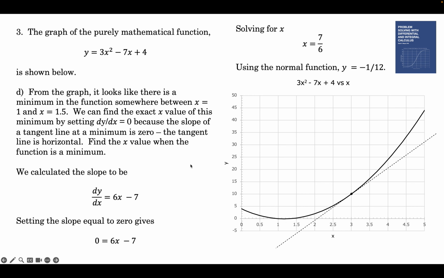And we can use the normal function to figure out what y is there. If we plug in 7/6 into the normal equation, y is minus a 12th. So it's a little bit under 0 at x equals 7/6. And that is some calculus.